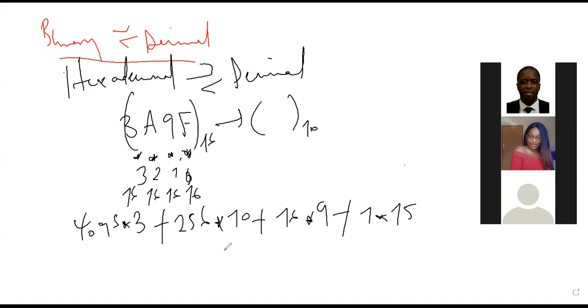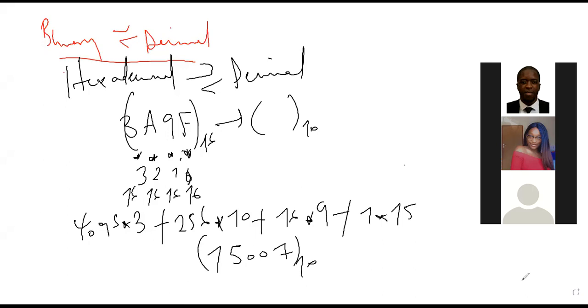If you add all these numbers, they give you 15007 base 10. Basically, this is how you convert from hexadecimal to decimal.